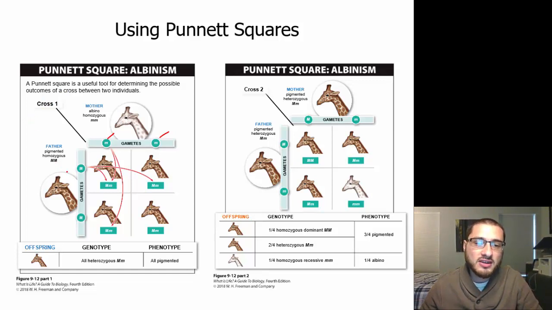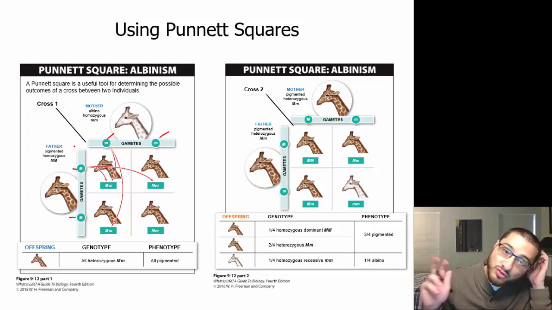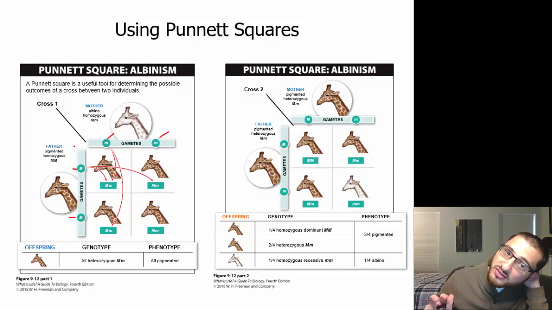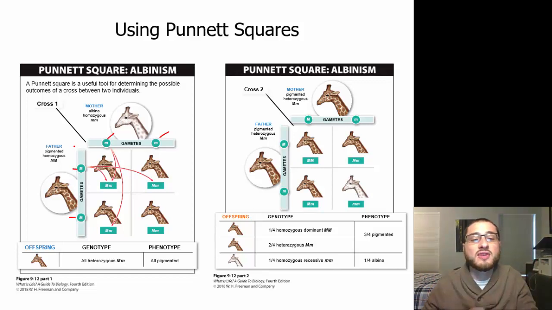So then the father is actually homozygous, which means uppercase M, uppercase M. So they took a true breeding homozygous dominant giraffe and bred it with a homozygous recessive, which is lowercase m for albinism. And what you got was that you have this one that has uppercase, lowercase, this one has uppercase, lowercase, then this one is uppercase, lowercase, and this one is uppercase, lowercase.